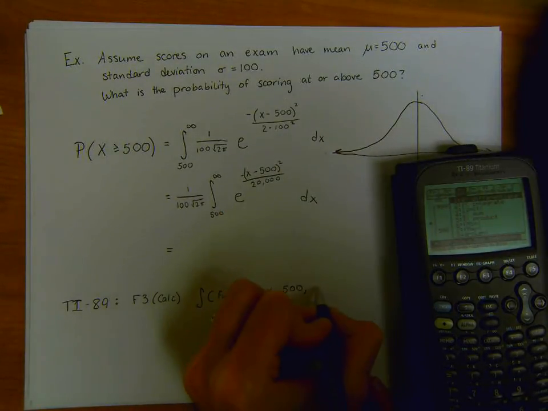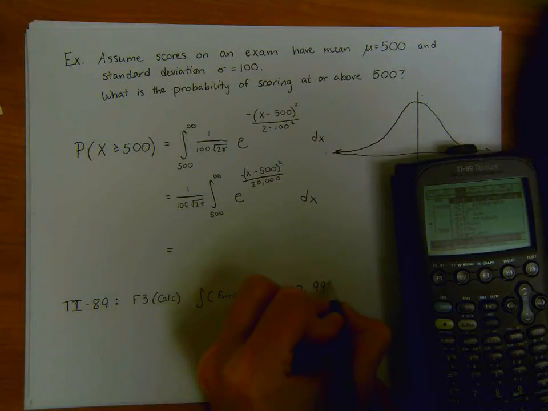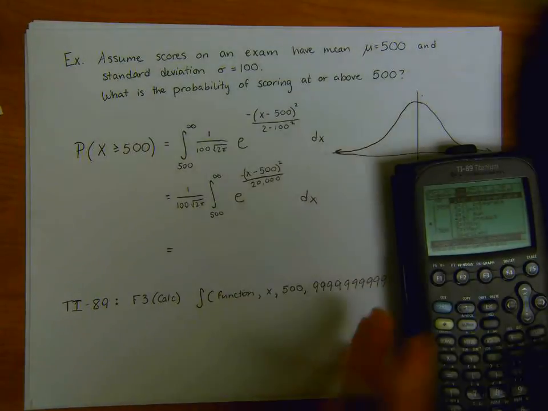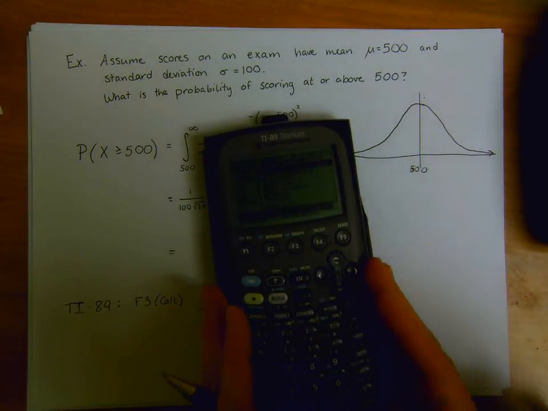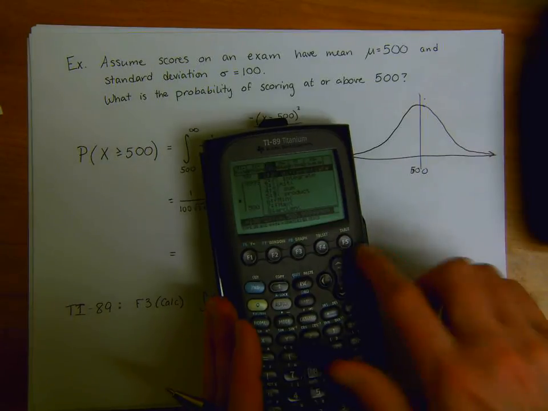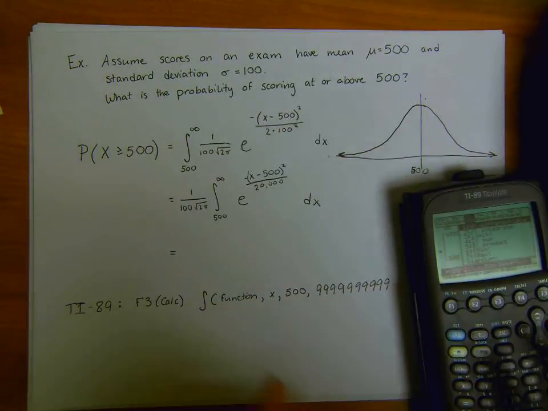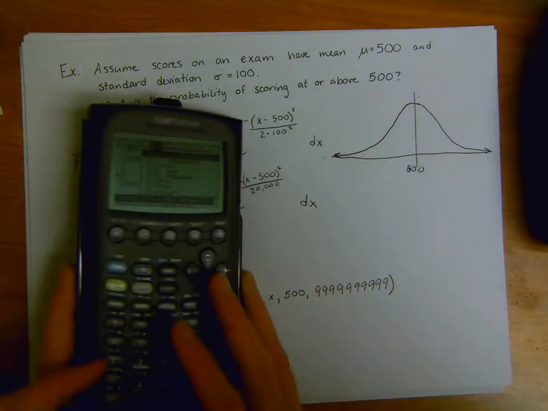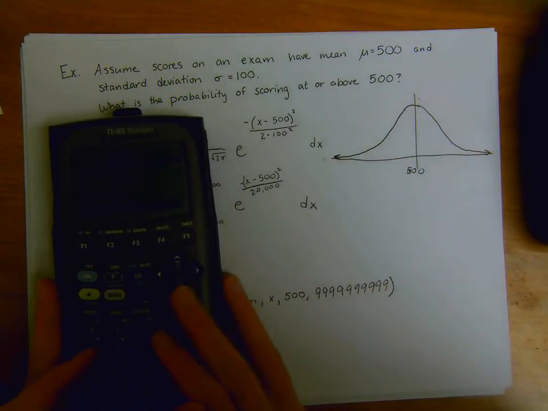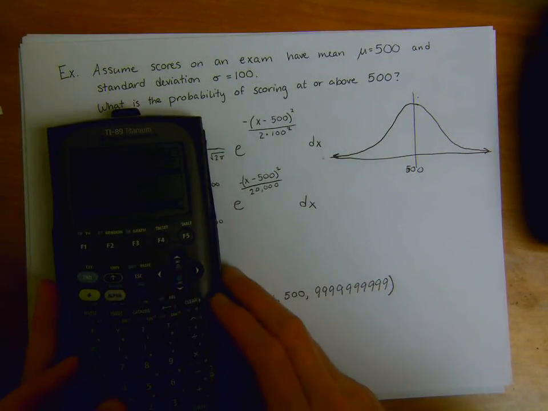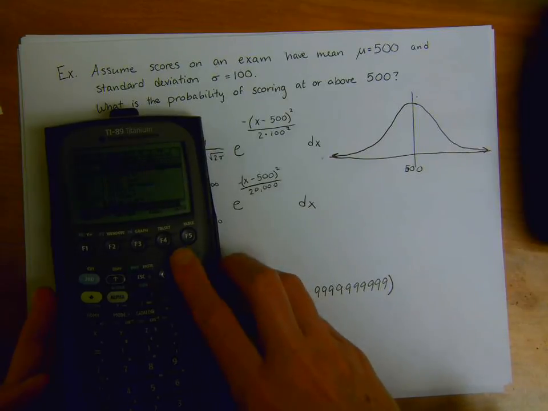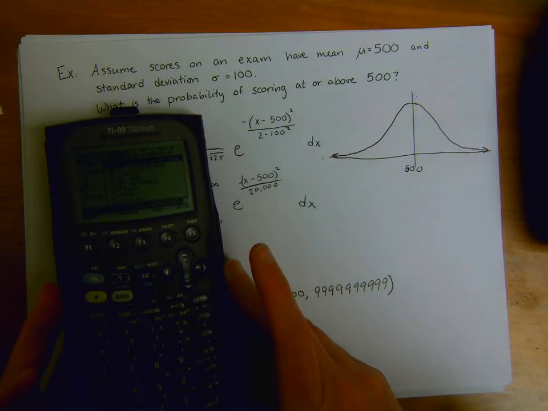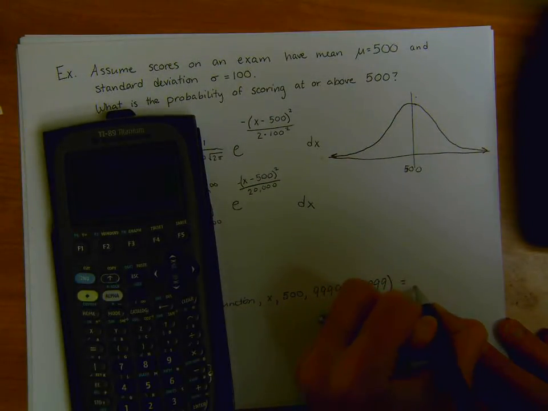You can't actually type in infinity. Oh, maybe you can on an 89. On an 84 you can't type in infinity, but because we're getting a numerical approximation anyway, I just type in a really large number. You can see, maybe can you read the calculator? That I just typed in 99999 and then pressed enter, and it thought for a really long time, and then it gave me my output, an output which was 0.5.